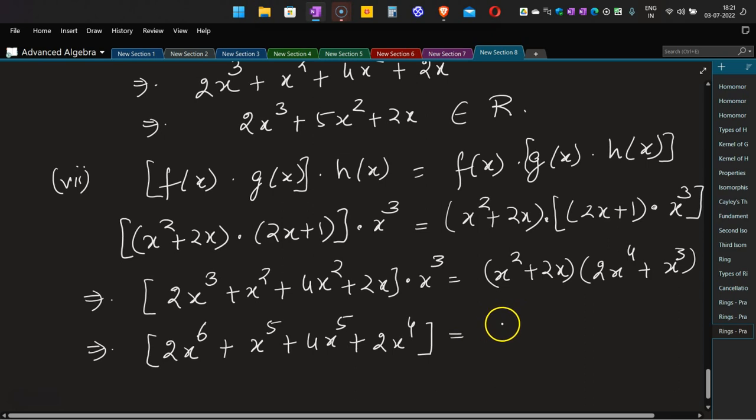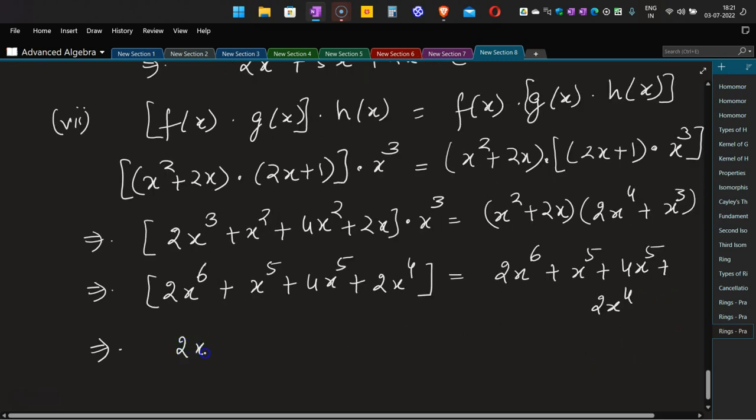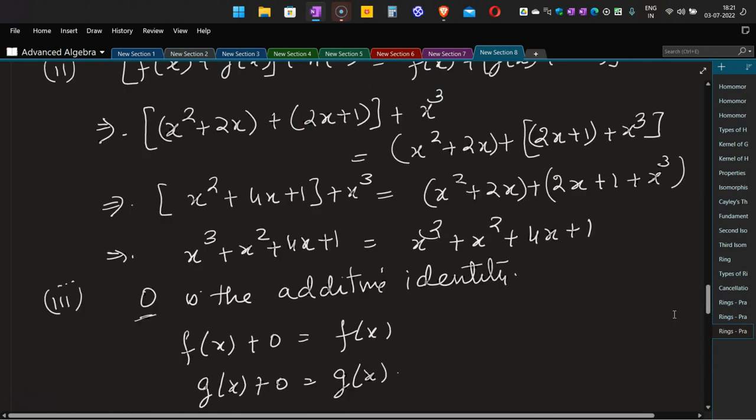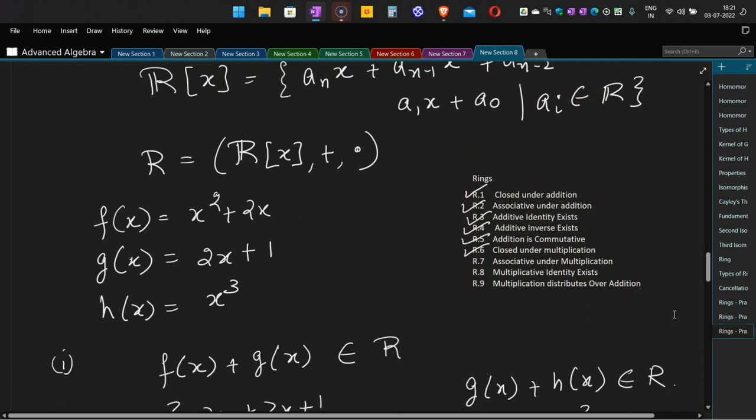Now this would be 2x6 plus x5 plus 4x5 plus 2x4. So what do we get? 2x6 plus 5x5 plus 2x4 is equal to 2x6 plus 5x5 plus 2x4. Both the sides are equal. So it is associative under multiplication.